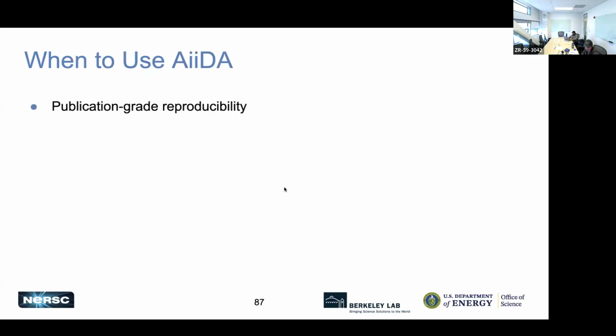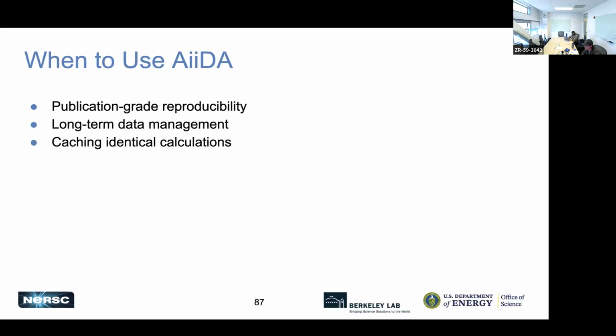All right, so are you writing papers and publications that need this kind of high confidence, highly reliable information about your computational process? Are you doing work on projects that are lasting a very long time? You want it to survive staff turnovers and quarterly reports and so on and so forth.